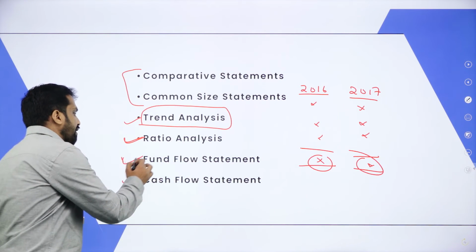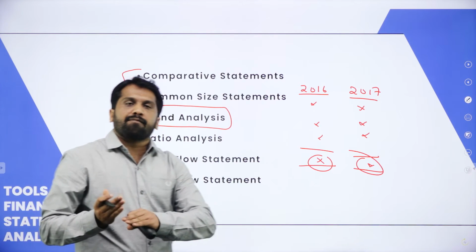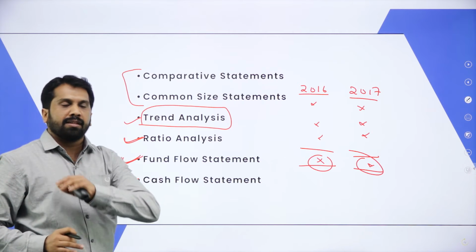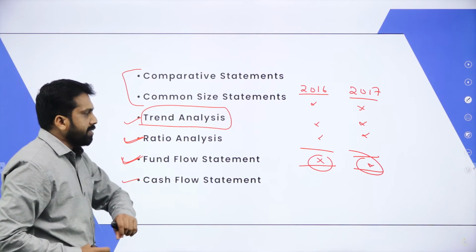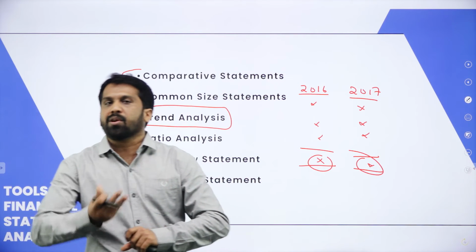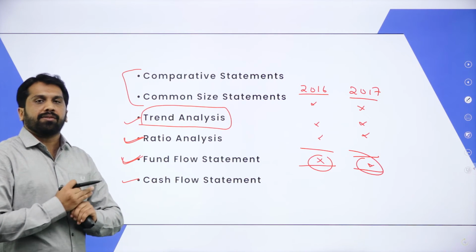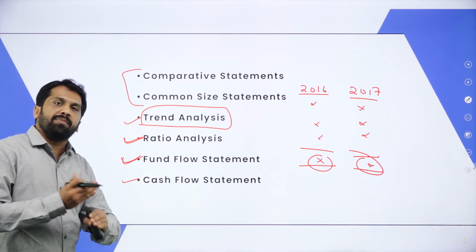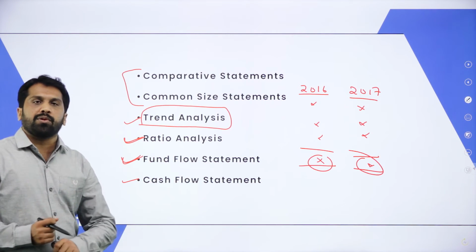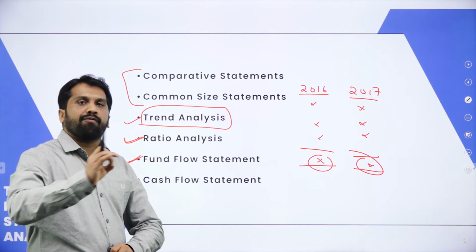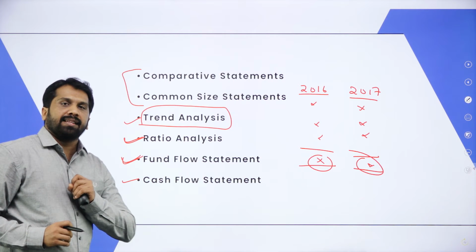Next, fund flow statement is not part of your syllabus. Fund flow means whatever fund you have, it may be cash or non-cash item, relating to that we prepare a statement similar to your cash flow statement.